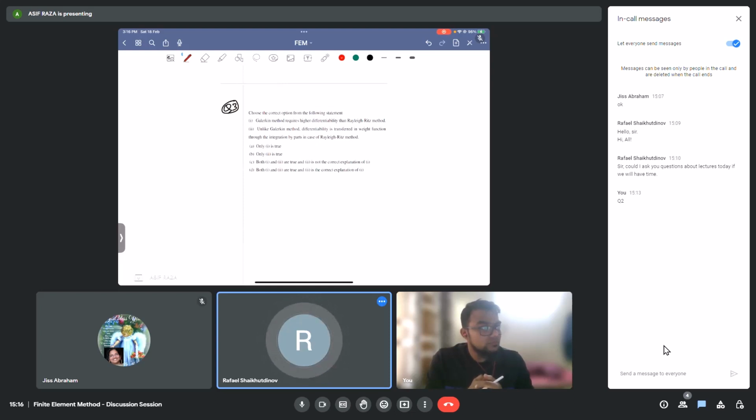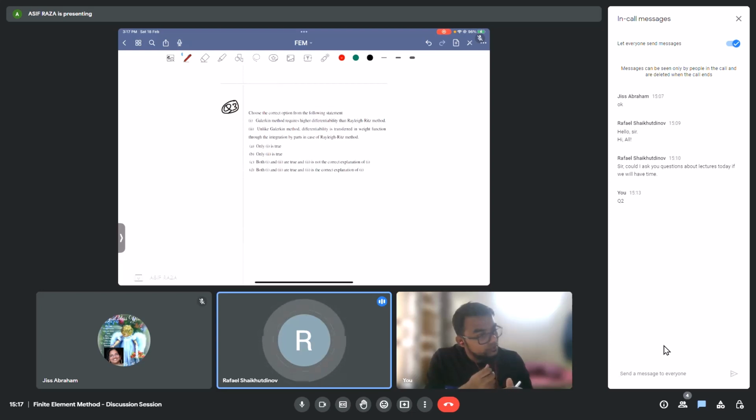The correct option here is both are correct, and the second is the correct explanation of the first. But it is not clear here what it means that differentiability is transferred.